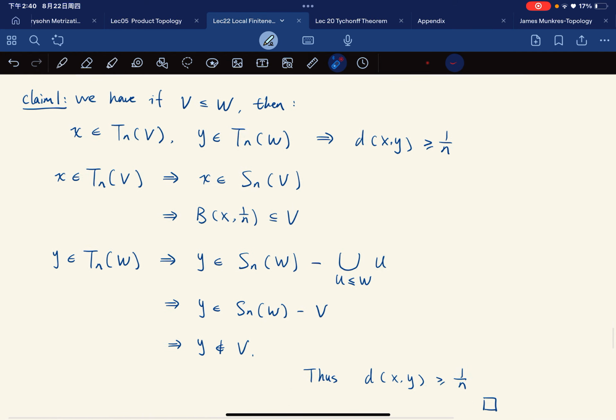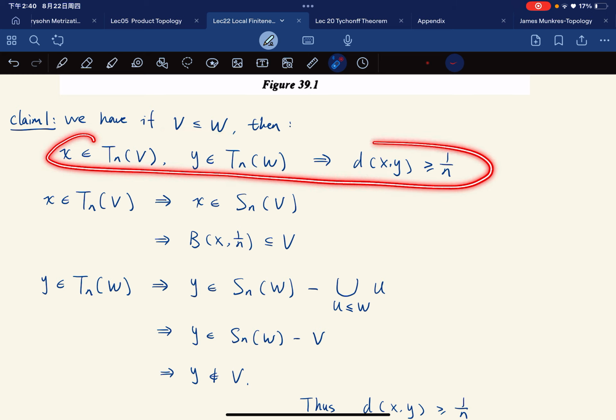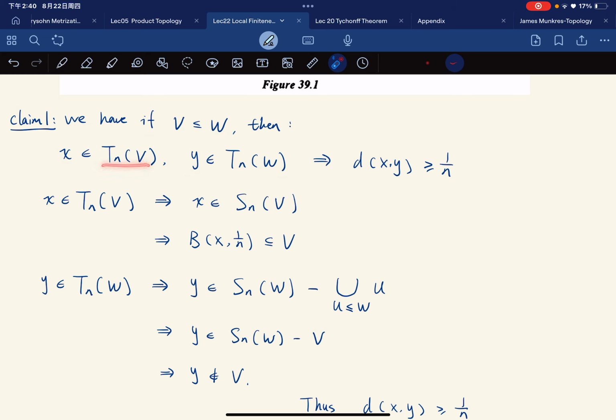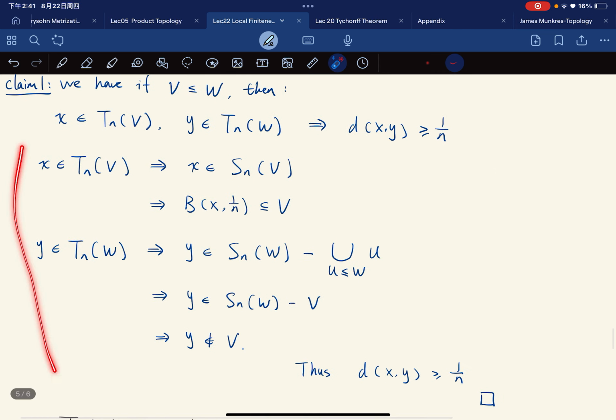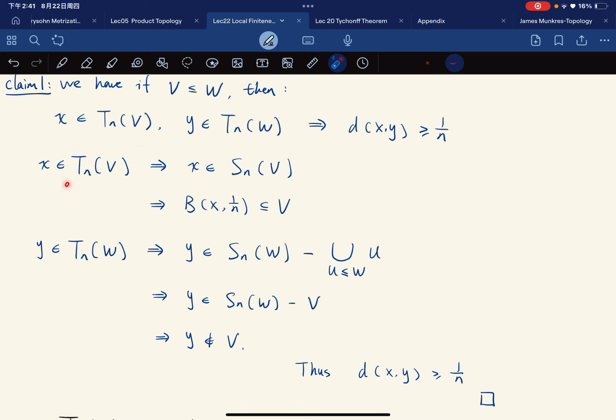And we have a claim that if V is less than W, then any two elements of T_n,V and T_n,W are 1/n apart from each other. And the proof is here. So you might just take a look. It's not that hard, right? If you're in T_n,V, then you're in S_n,V by definition, which means that we have this.